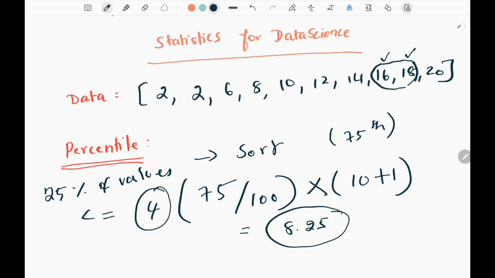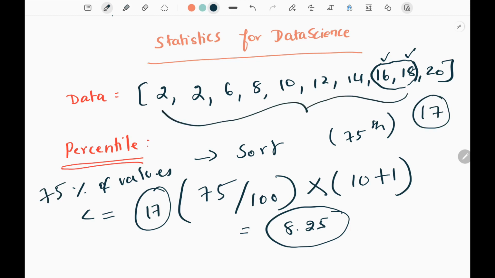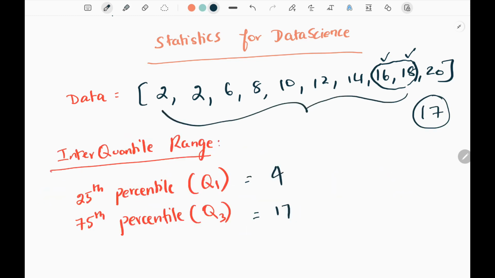So I need to take average between these two values where I will be having 34 if I sum them, and I need to divide by 2 and I will be getting 17. So there are 75% of values that is less than or equal to 17, right?